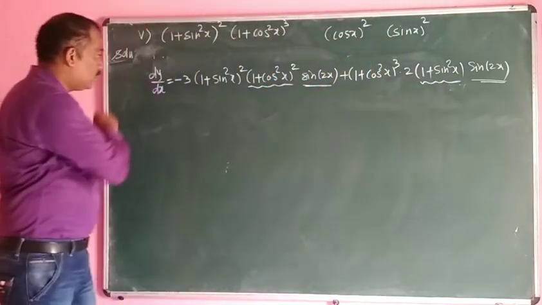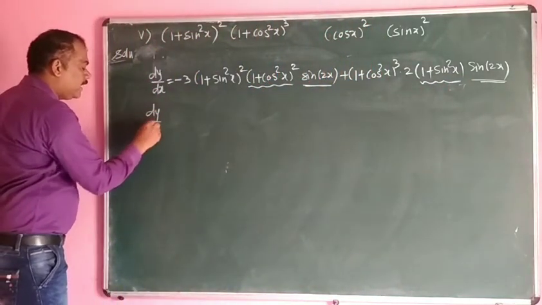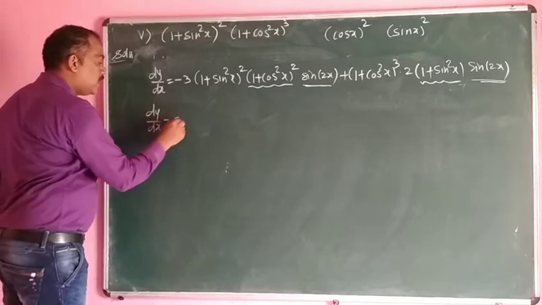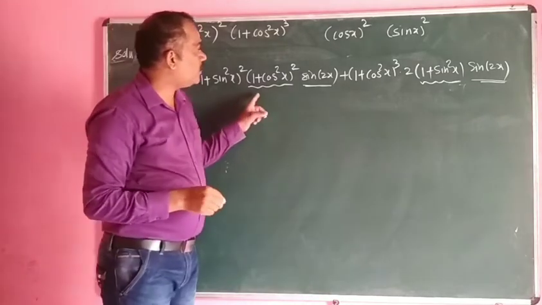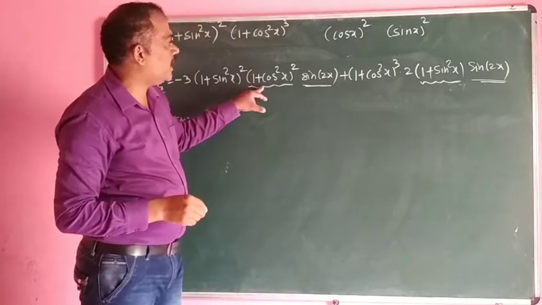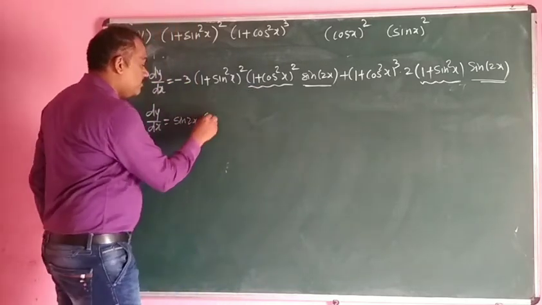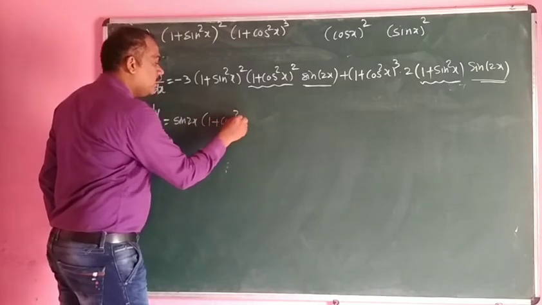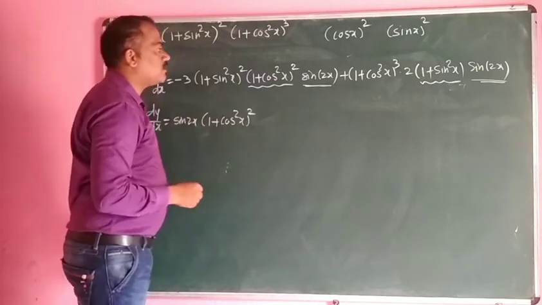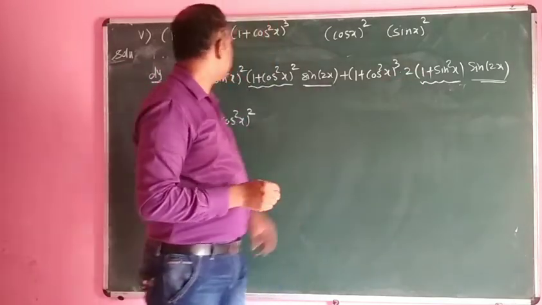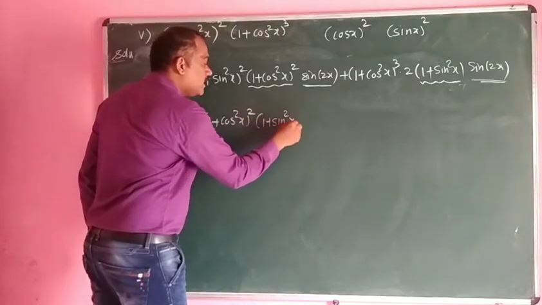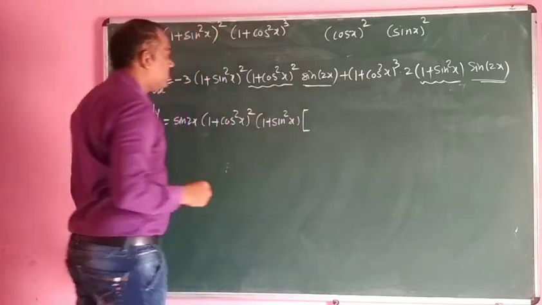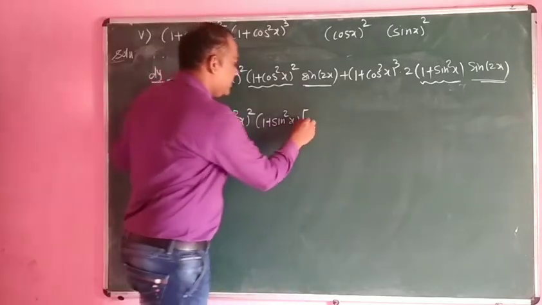Okay. What is remaining? dy by dx is equal to sin 2x, we have to take common this one, (1 plus cos square x) bracket square. Also what we have to take common? 1 plus sin square x we have to take common. What is remaining here? Minus 3 is remaining.